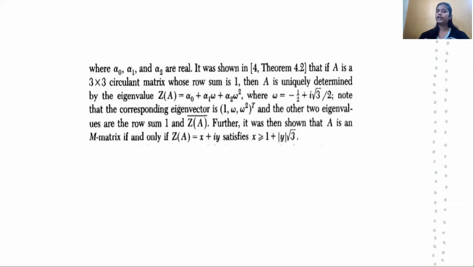Note that the corresponding eigenvector is (1, omega, omega square) to the power t. And the other two eigenvalues are the row sum 1 and z of A bar. Further, it was shown that A is an M matrix if and only if z(A) = x plus iy satisfies x is greater than or equal to 1 plus modulus of y into root 3.